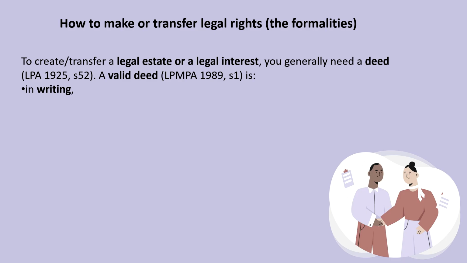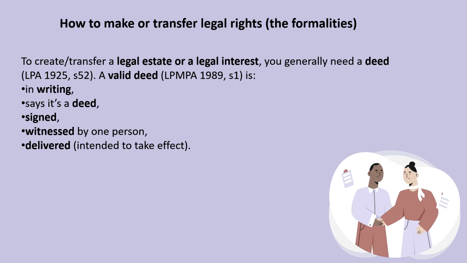It has to be some kind of agreement or contract in writing. It has to say that it is an actual deed. It has to be signed and it has to be witnessed.